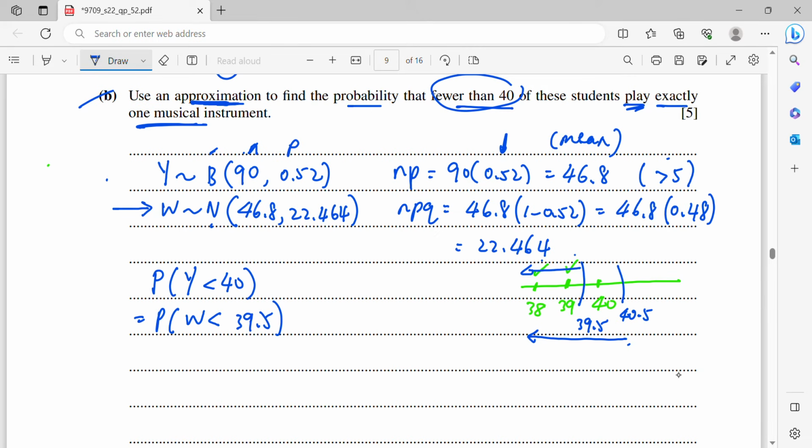Once you have decided your W value, now we need to standardize the W. So it will be Z less than (39.5 minus 46.8) over, don't forget, this 22.464 is basically a variance. So now we need to get the standard deviation, which is the square root of the variance.